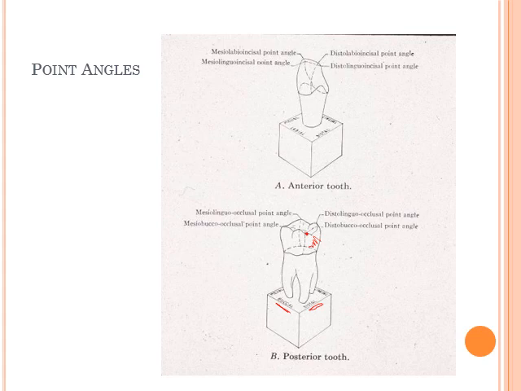So if we are just talking about line angle, this would be distobuccal line angle. However, we're going to go up to the occlusal as our third point. So that's going to be distobuccal hyphen occlusal point angle.